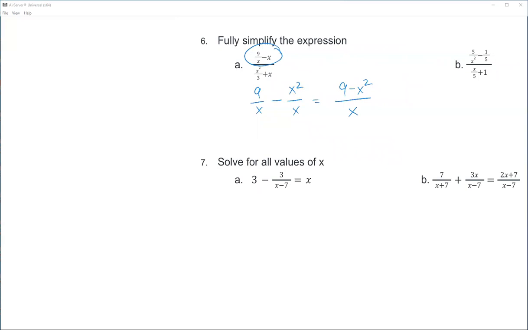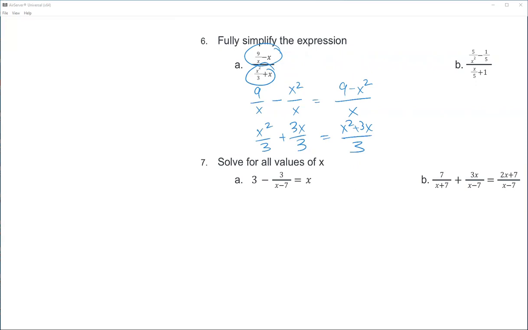It shouldn't be too bad, because you're getting a common denominator for the top expression. And then here it's x squared over 3 plus 3x over 3. That equals x squared plus 3x over 3. Is this correct? We're good?